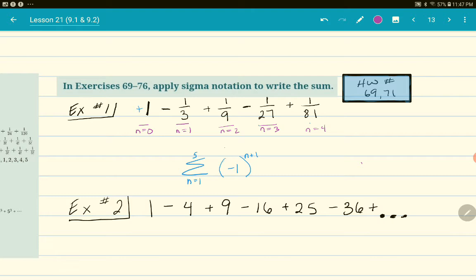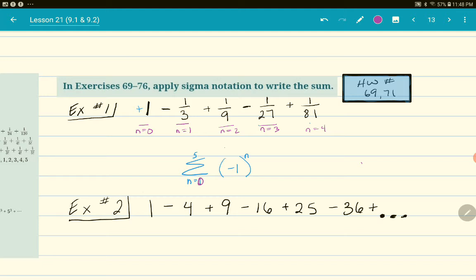So I'm actually going to change that exponent since I'm now starting at n equals 0. Now I move that to n equals 0, and I still want that first term to be positive. So negative 1 to the 0 gives me a 1.